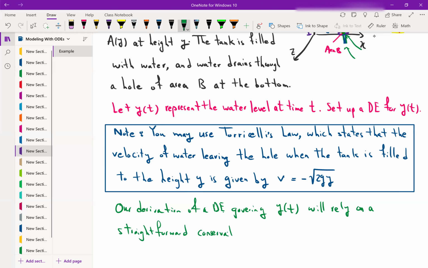And again, as soon as I write the conservation principle, you will see that it makes perfect sense. Also, I recommend that you go back to our introductory videos and look at the discussion that we had about sources of ODEs. One of the sources for many ODEs that appear in modeling real-world problems is these conservation principles, which are actually very simple to understand.